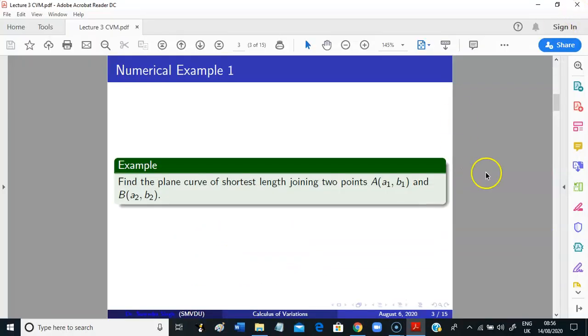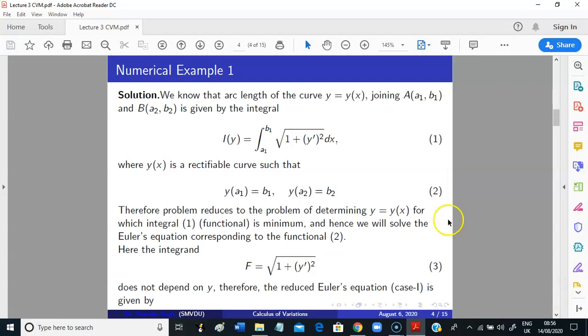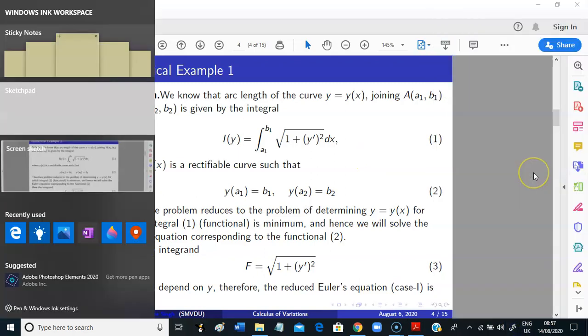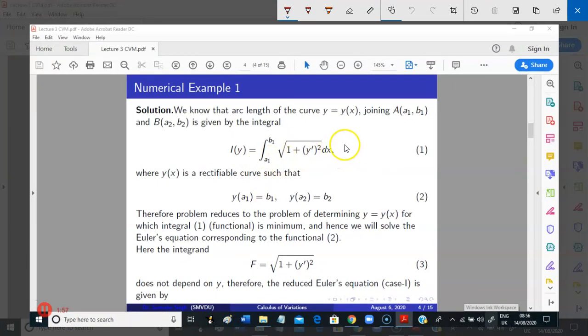I have also explained in the last lecture the arc length of any curve. Suppose you have this curve here, and then the small arc length is given by this formula.